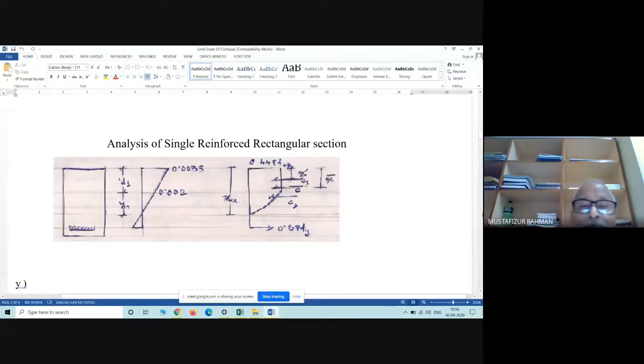Now come to the stress diagram. In the stress diagram, it is observed that this part is rectangular and this part is parabolic in nature. So we want this area and this area to find out the maximum compression. Now see these deductions.